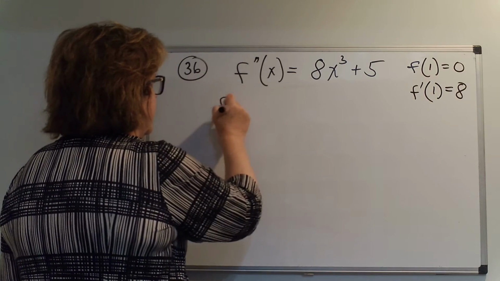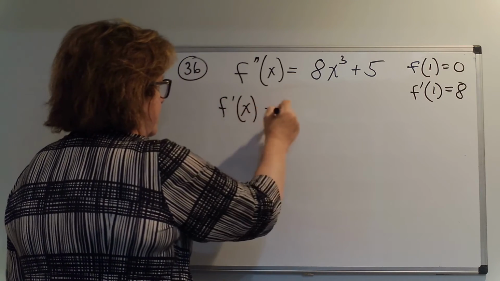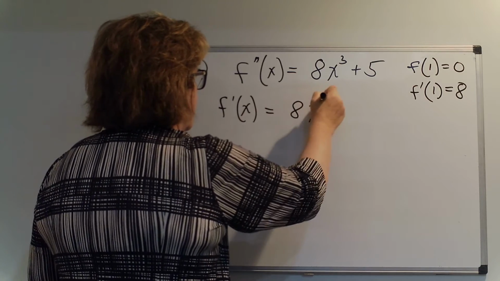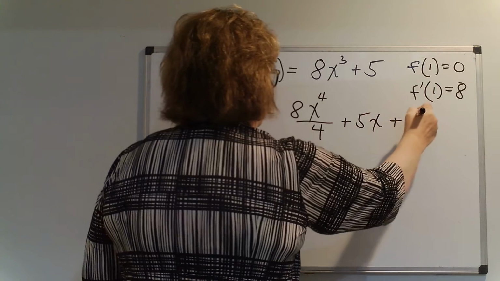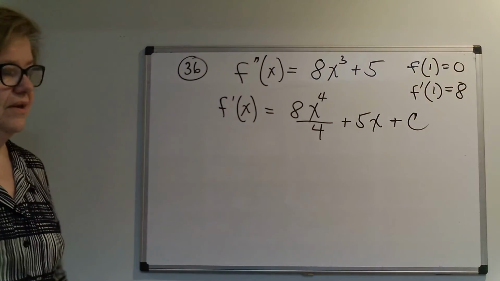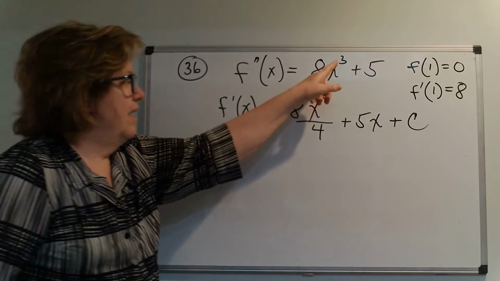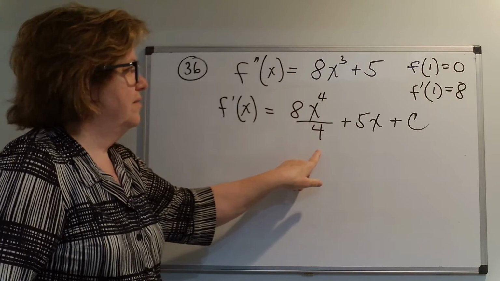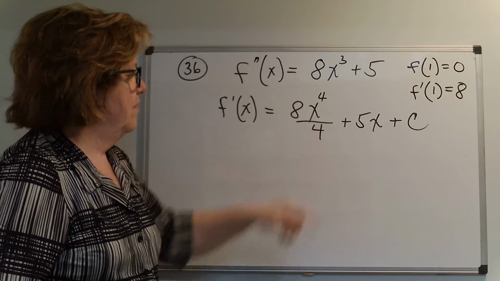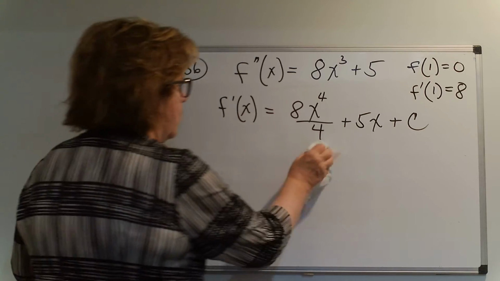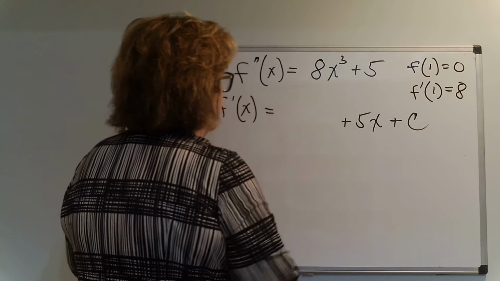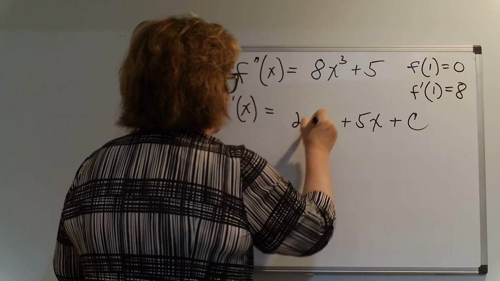So first time, 8x to the 4th over 4 plus 5x plus c. Okay. Add 1 to the 3, I get 4, divide by 4. Okay, so let's simplify this. 8 divided by 4 is 2, so this would be 2x to the 4th.